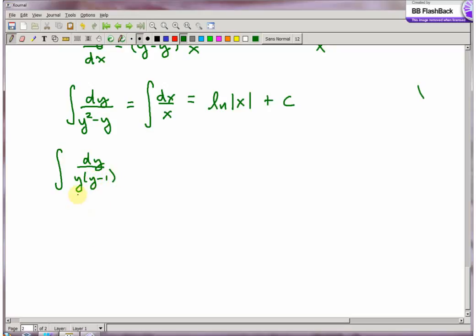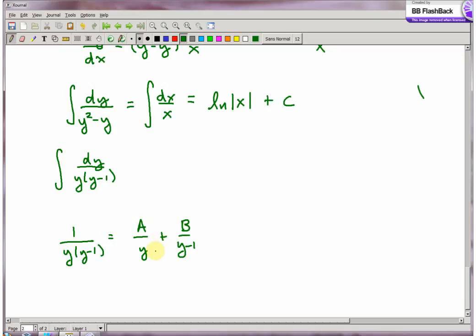The idea with partial fractions is that there's some way to break that up. So we want to break up y times y minus 1 into this sum, a over y plus b over y minus 1, where a and b are numbers.